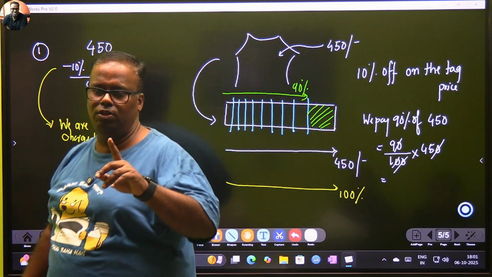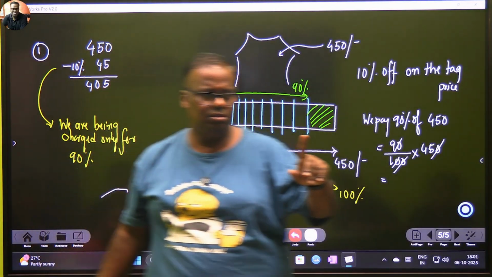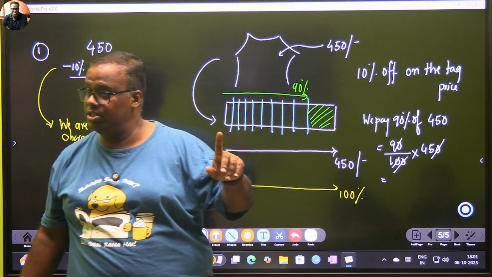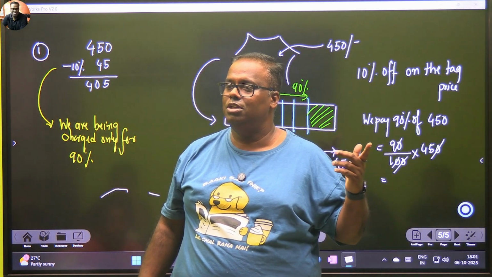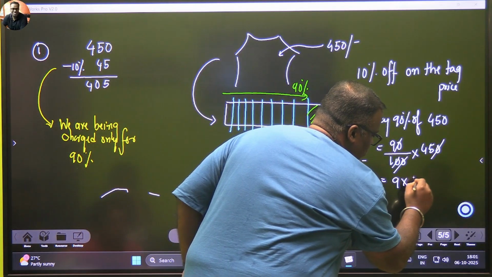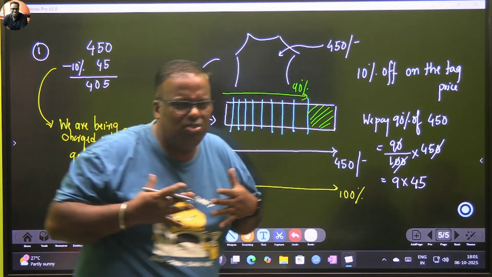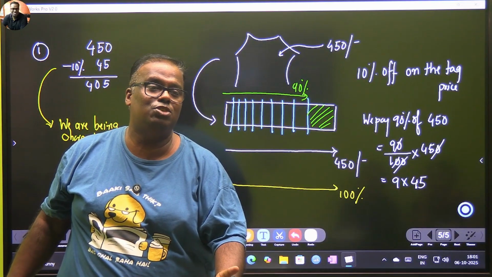Now 9 into 45, you don't need to do rough work. 9 fours are 36. So 9 into 40 should be how much? You use the distributive property. See, basically you are trying to do 9 into 45, which does not come easy to us. Why on this earth did we study the distributive property?